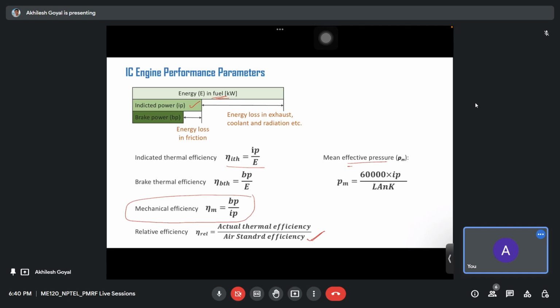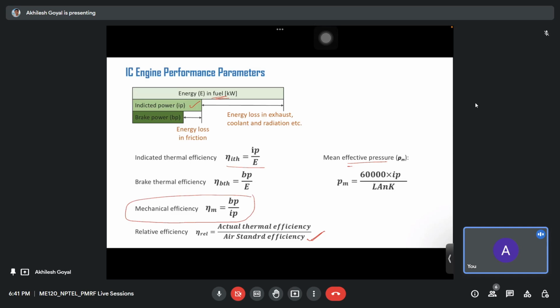The mean effective pressure is defined this way: if we consider a constant pressure working on a piston, and this constant pressure generates the same power at the end as that generated by the whole cycle, or the single power stroke, that is defined as the mean effective pressure.